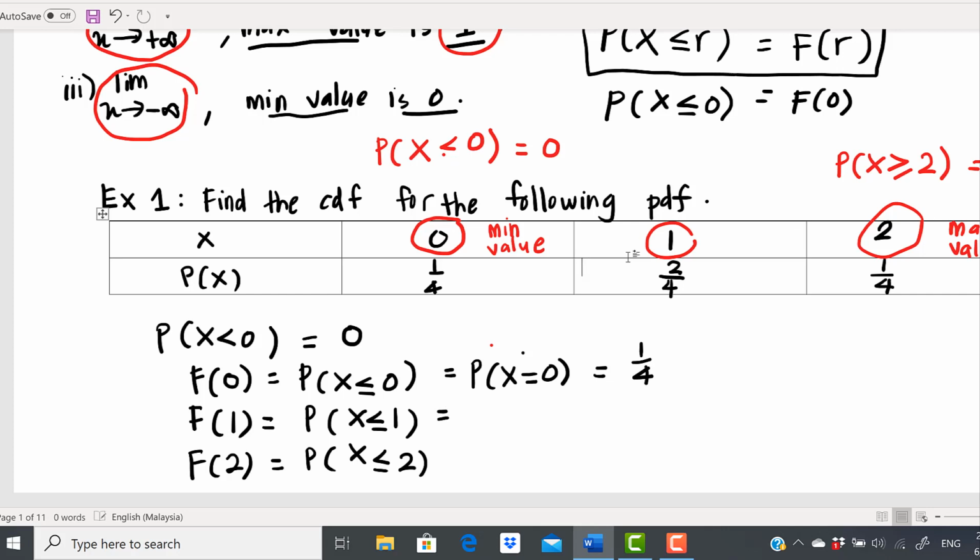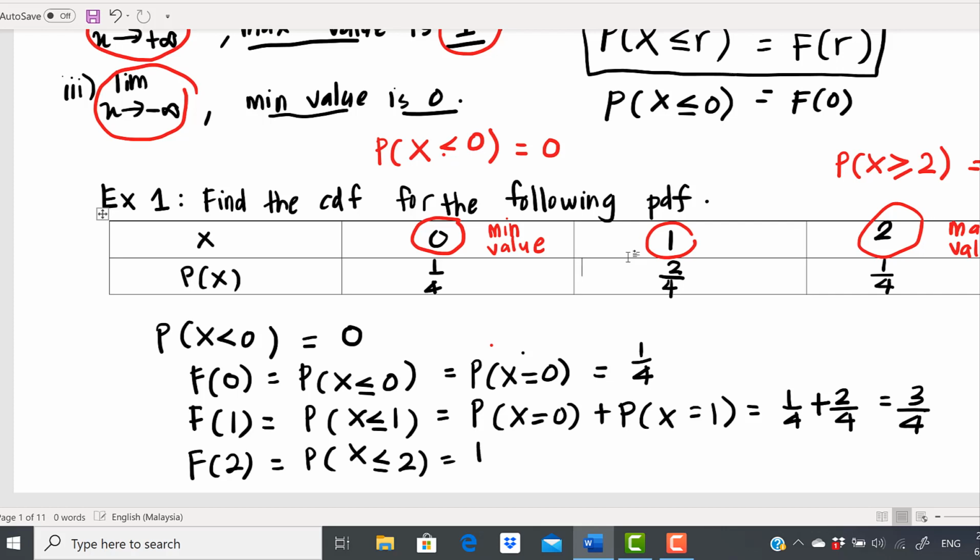So when F is equal to 1, what will be the probability? The probability x equal to 0 plus the probability x equal to 1. So x equal to 0, you have 1 over 4. X equal to 1, you have 2 over 4. Then you get 3 over 4.